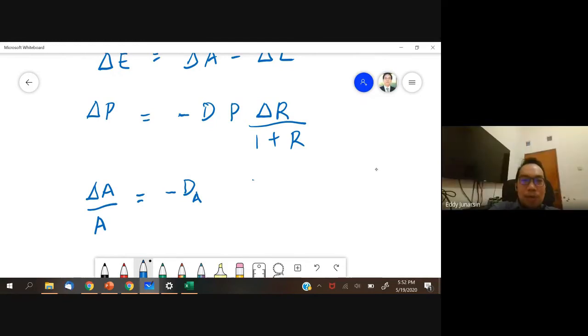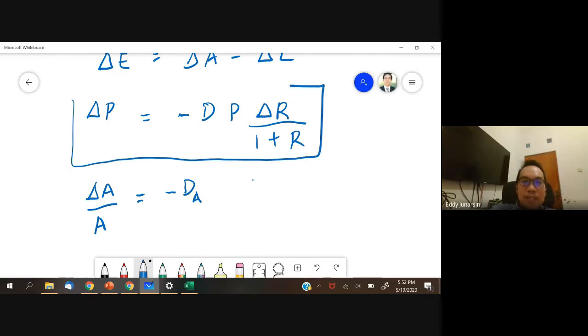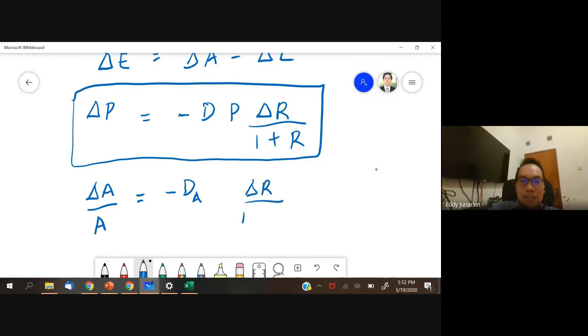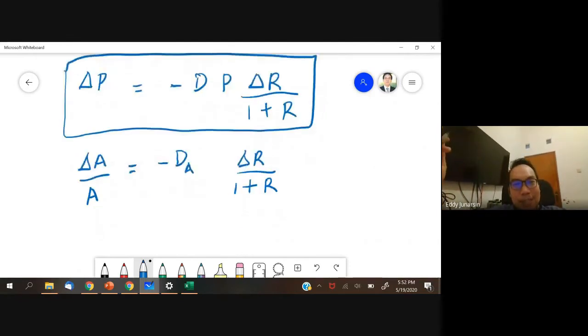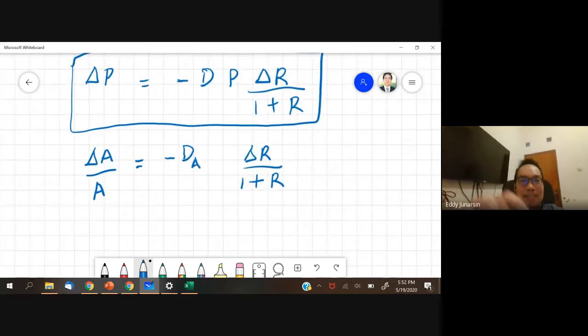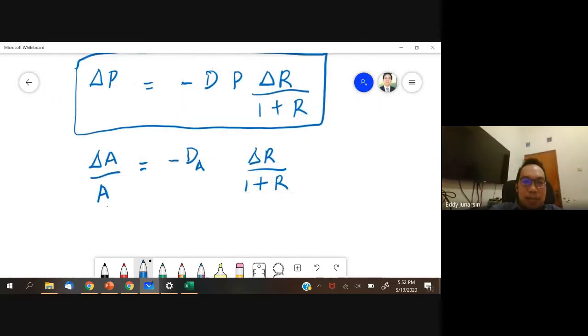Not equity, but we are doing an equivalent equation as this one. So multiplied by the change in interest rate divided by 1 plus original interest rate, just the same pattern, you see? So we'll move the assets here.